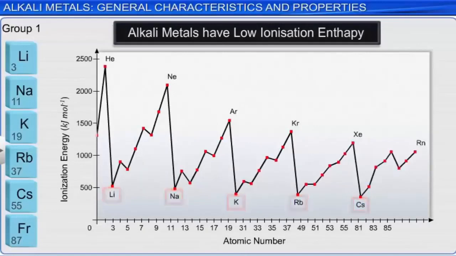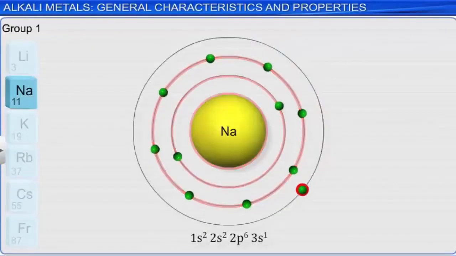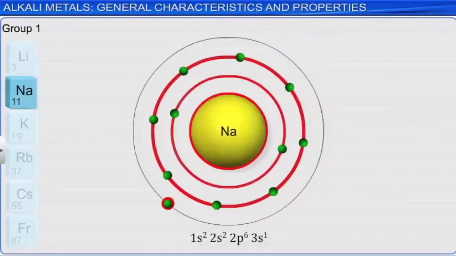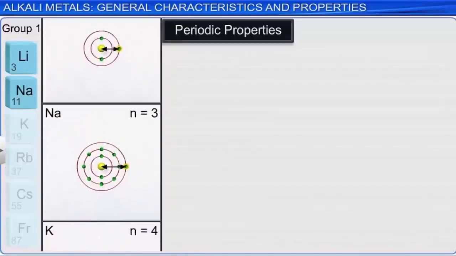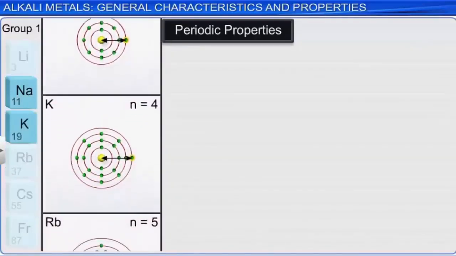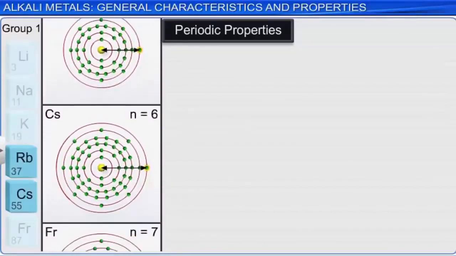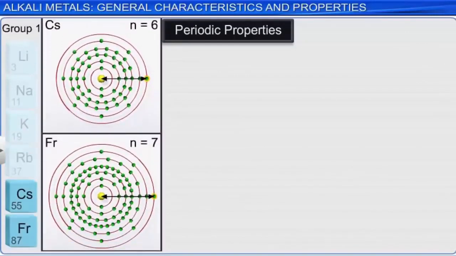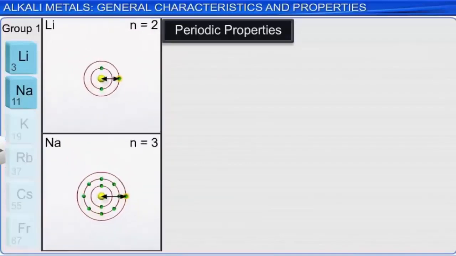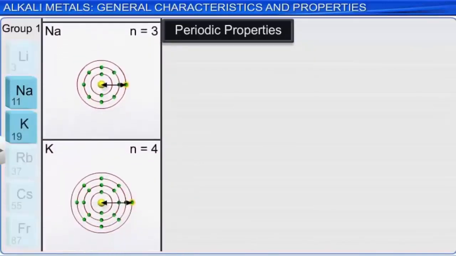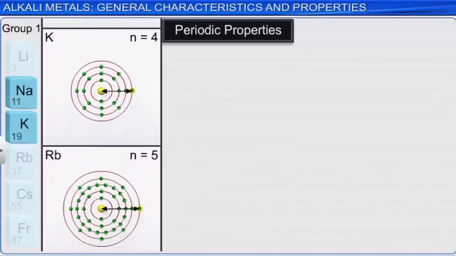The first reason is that these elements have a tendency to attain a stable electronic configuration, that is, in the valence shell they want to possess 8 electrons. That's why they can easily lose the one electron found in the valence shell.